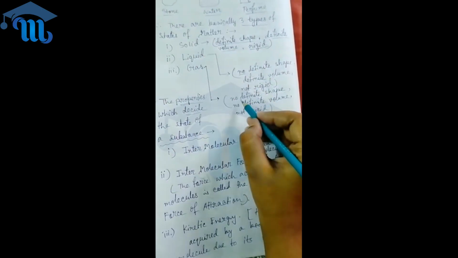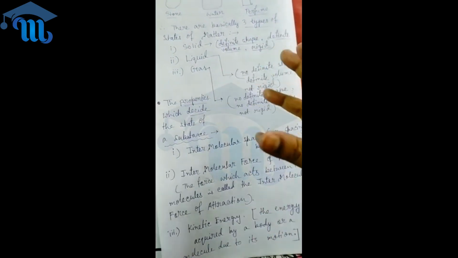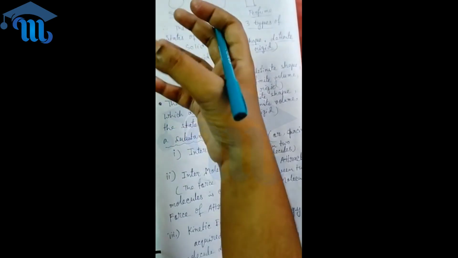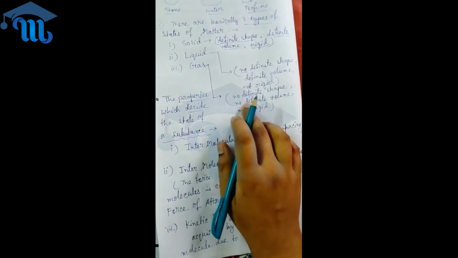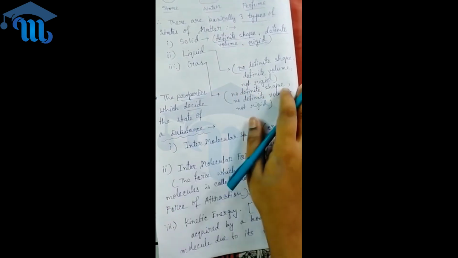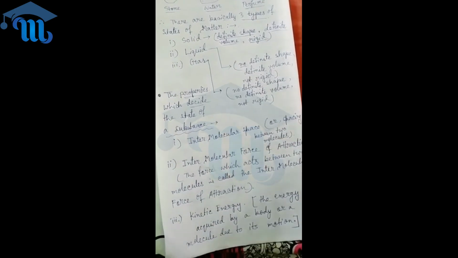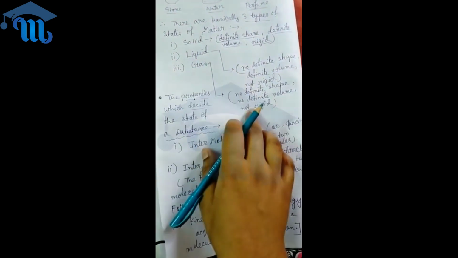And the third is gas. What is gas? There is no definite shape of gas. Obviously we can't hold it like this. Gas has no definite shape and no definite volume. It can acquire the volume of the container where it is kept, and it is also not rigid.